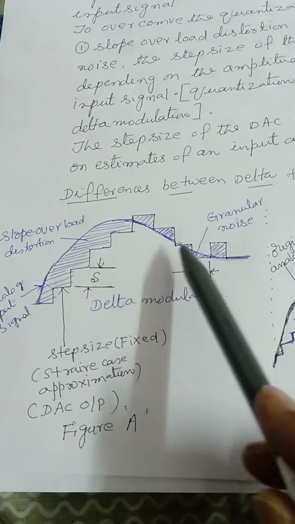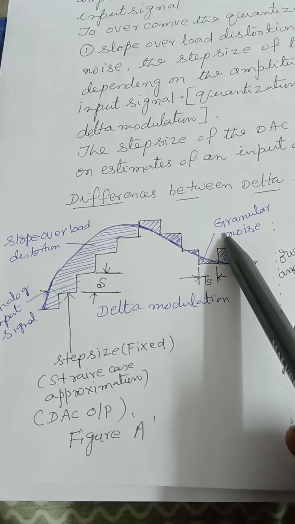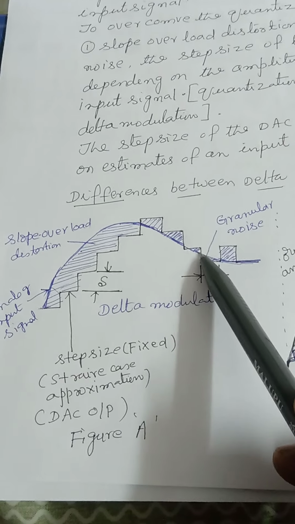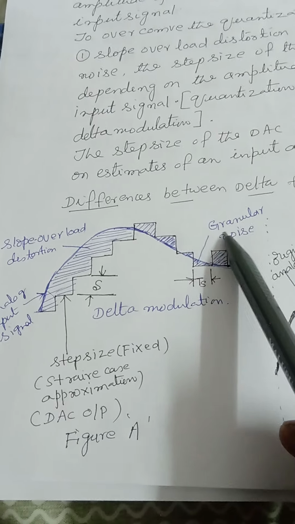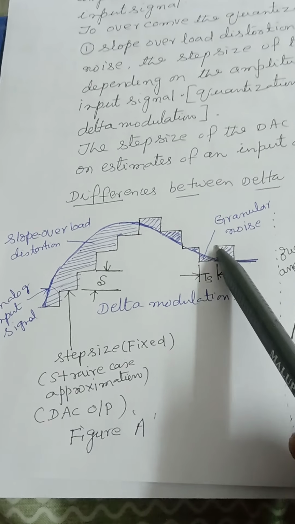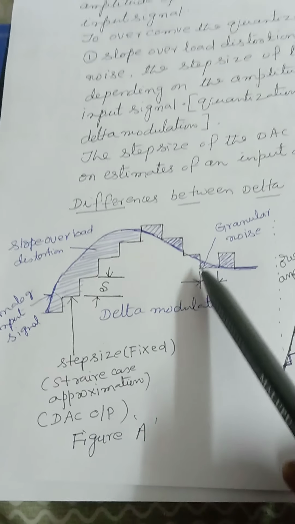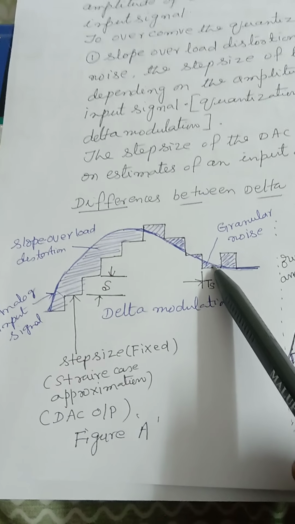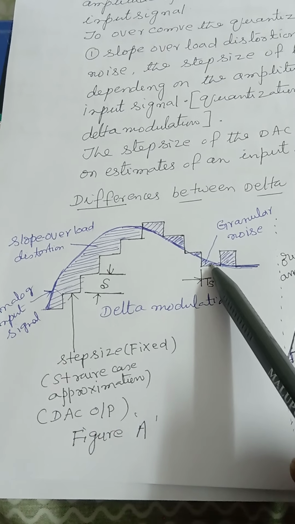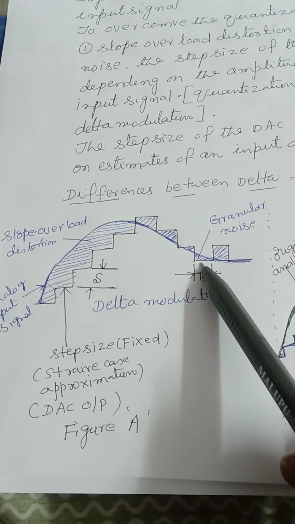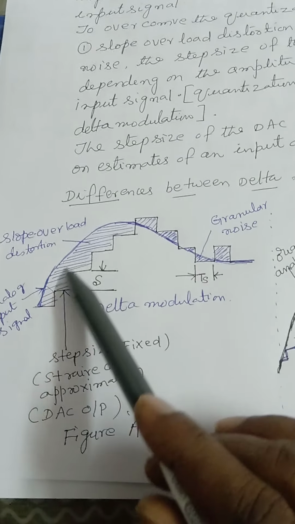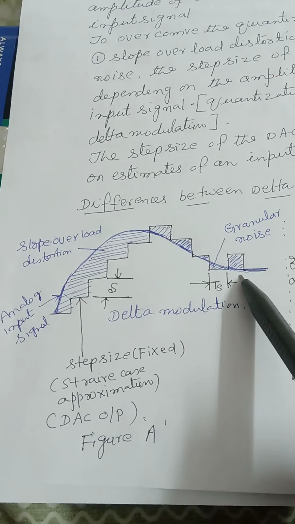Now come to the granular noise. Yesterday we discussed the meaning of granular noise and how it arises. The amplitude of the recovered signal is not constant with the amplitude of the input signal.